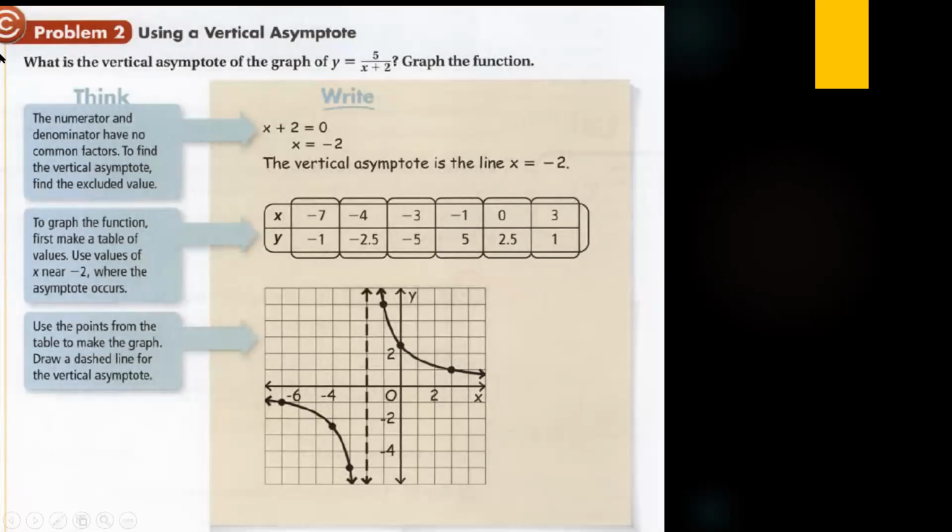Okay. Now here, let's start with the first one, to find or how to graph y equal 5 over x plus 2 as a rational function. Let's graph it here now.